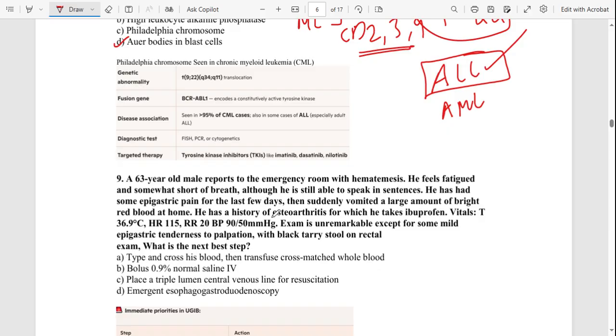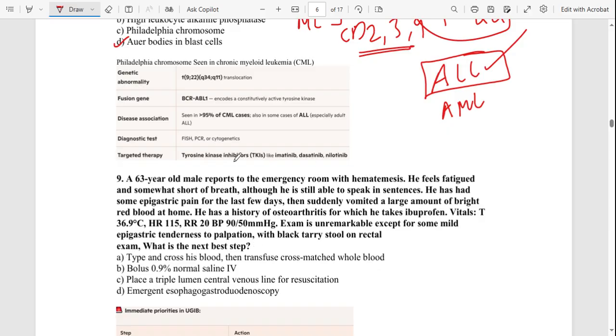He has a history of osteoarthritis, for which he takes ibuprofen. Vitals: temperature is 36.9, heart rate 115, respiratory rate 20, BP is 90 over 50. Exam is unremarkable except for some mild epigastric tenderness on palpation with black tarry stool on rectal exam. What is the next best step?